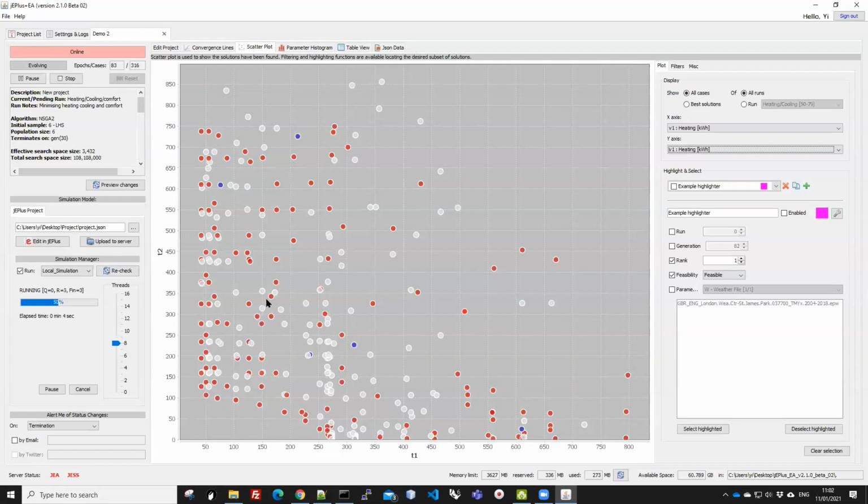Why are there suddenly so many red dots? Can you imagine? The red dots are what the algorithm considers to be the best solutions so far. That means the algorithm suddenly believes there are hundreds of best solutions instead of the few we saw just now. So what's going on?